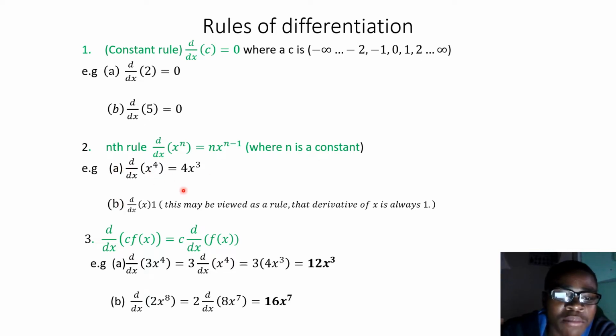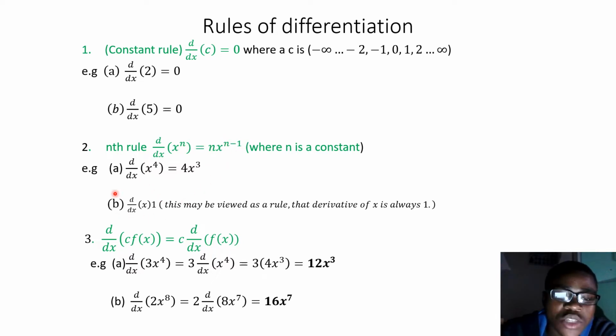As an example, we're having x to exponent 4. We multiply 4 by the existing coefficient, which was 1, which will be 4, then x cubed. Then this will be our derivative of x to the 4. You can see that 4 now is our n. Now there, 4 minus 1 is 3.